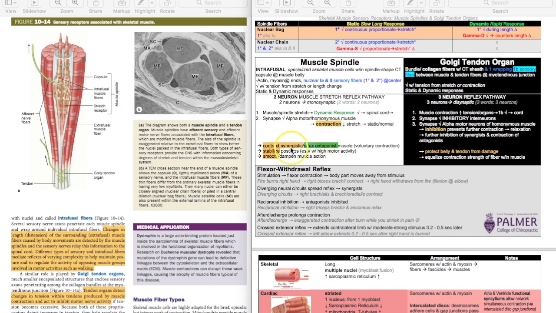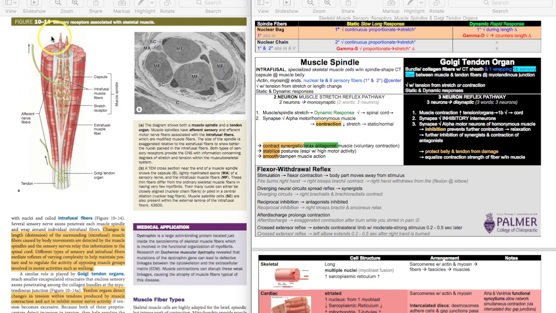Obviously, it's not going to stimulate the antagonist, so it's going to stimulate more contraction, and it's also going to stimulate synergists and relax antagonists, while the Golgi tendon organ is going to inhibit contraction of the same muscle and inhibit synergists, but also contract the antagonist, to relax tension on this point.